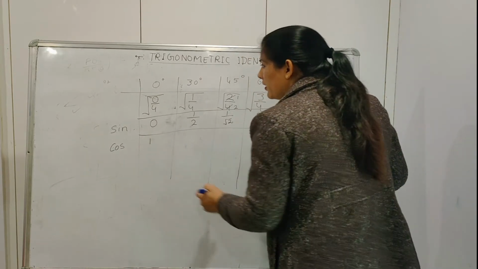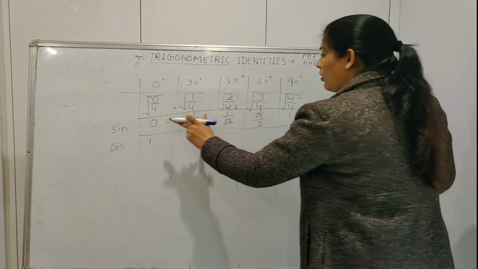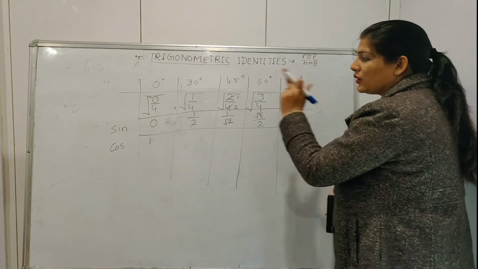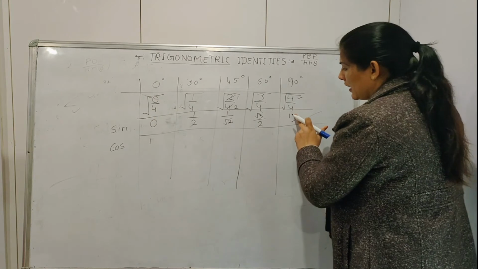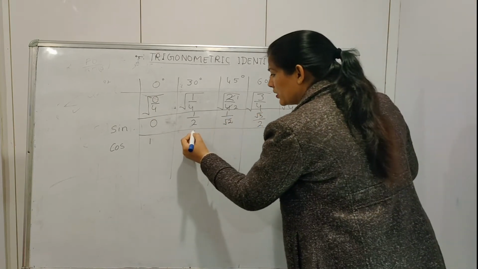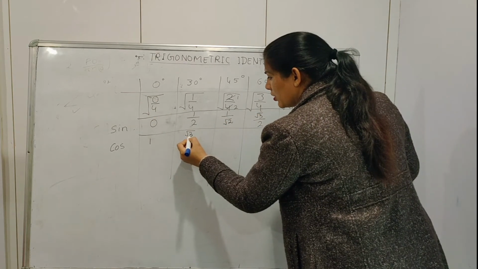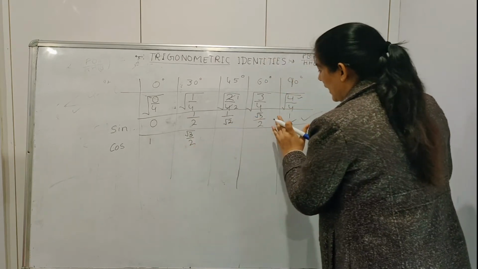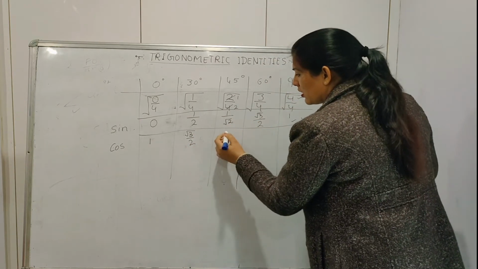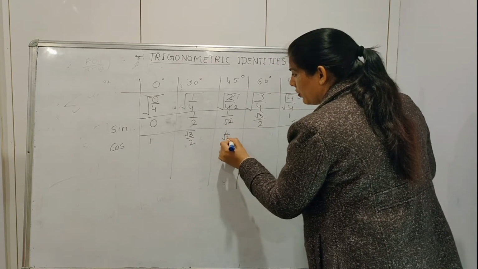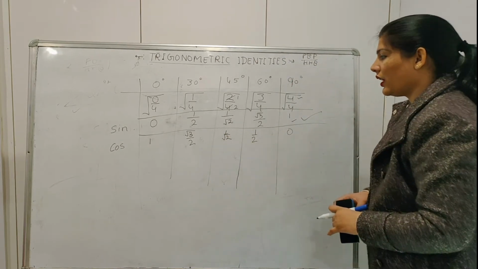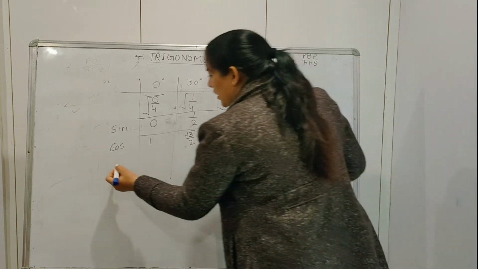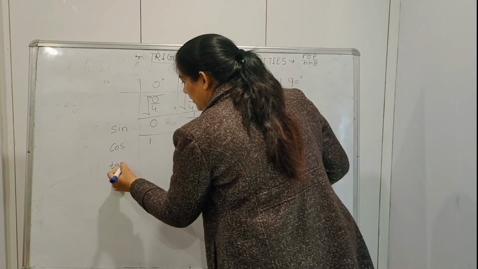So here the value of sine 90 is equal to the value of cos 0. Then after 1 is root 3 upon 2. And after this 1 upon root 2, then 1 upon 2 and 0. Okay. And you can find tan here.